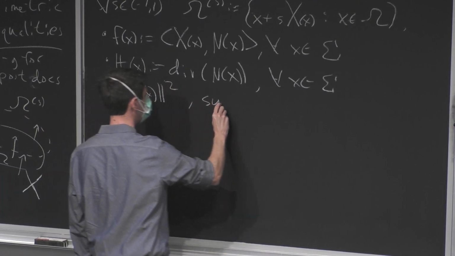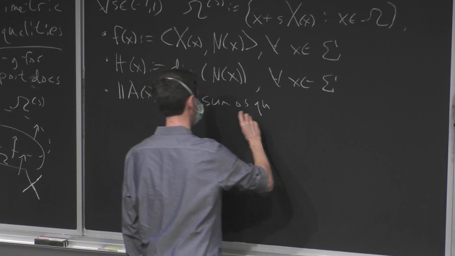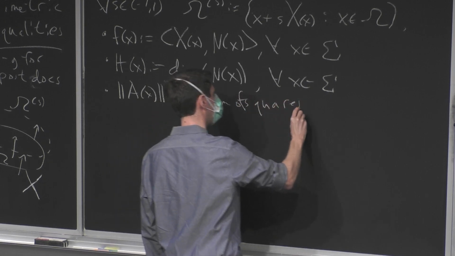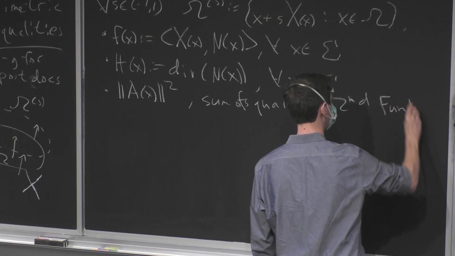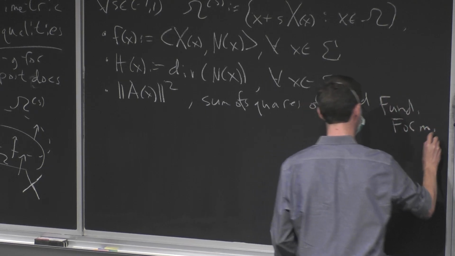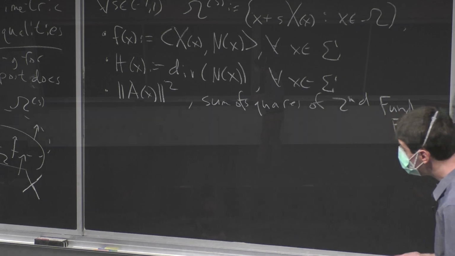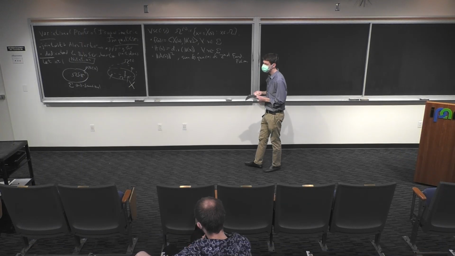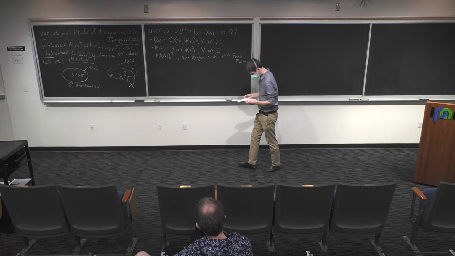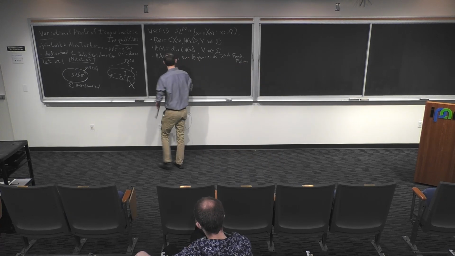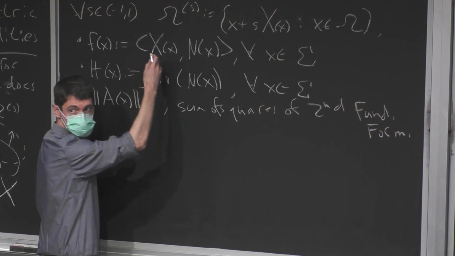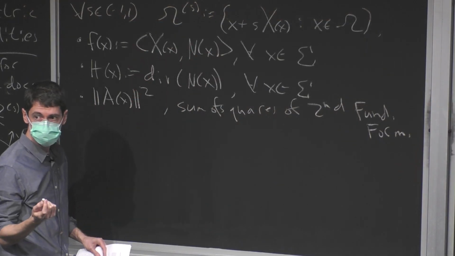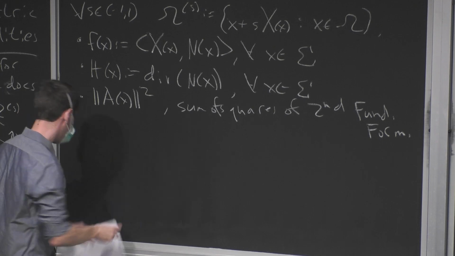So this A, that's going to be the sum of squares of entries of the second fundamental form. So A, it's like a matrix of all the partial derivatives of the normal vector. If you'd like, I already used my, so this is standard inner product notation. Angle brackets are standard inner product. A question? No? Okay. Let's see what else.